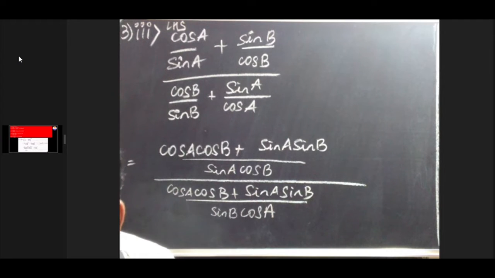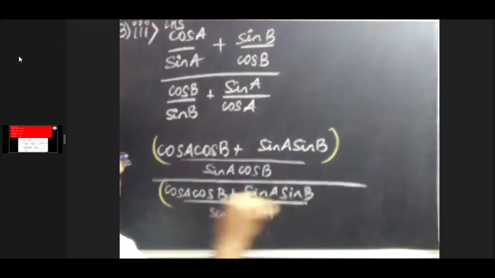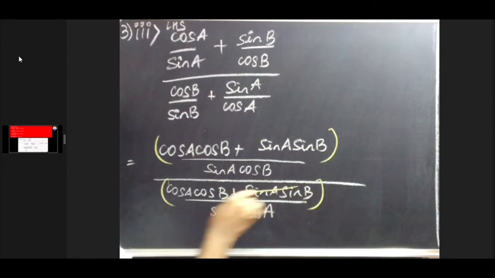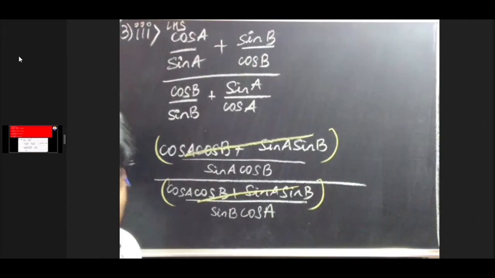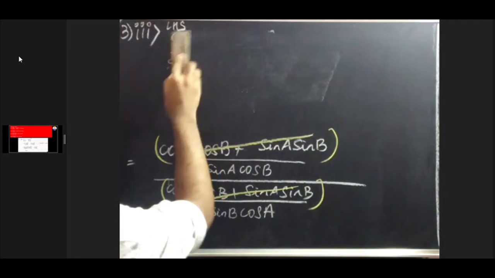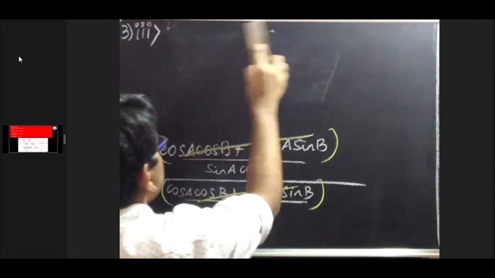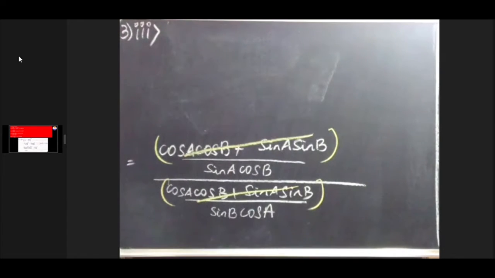So assuming this complete thing as one term and this complete thing as one term, we will be cancelling completely like this. Yeah, there is no use of identities. You can make sure that where the identities are used.